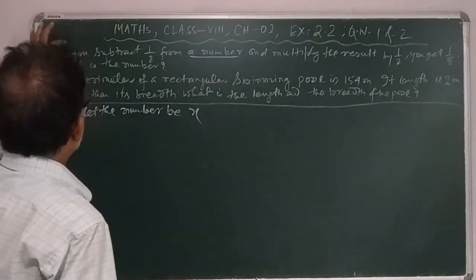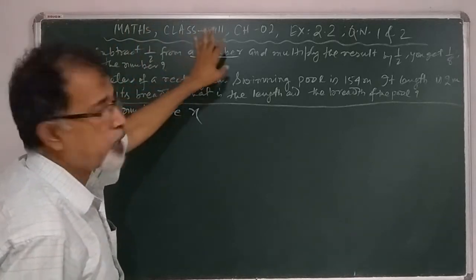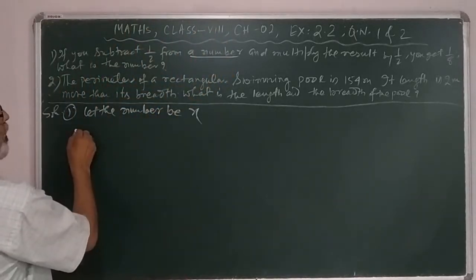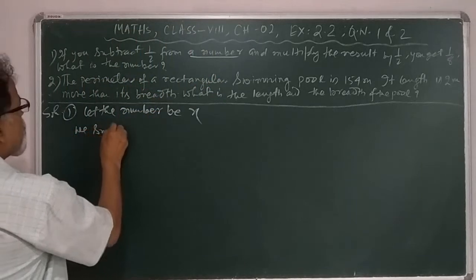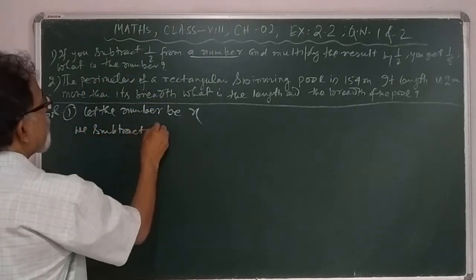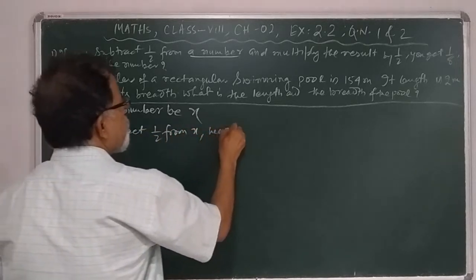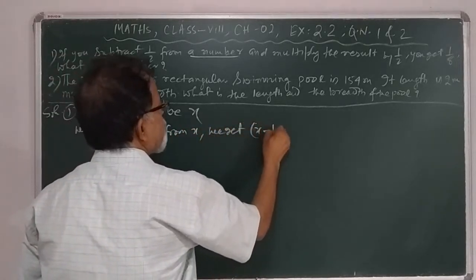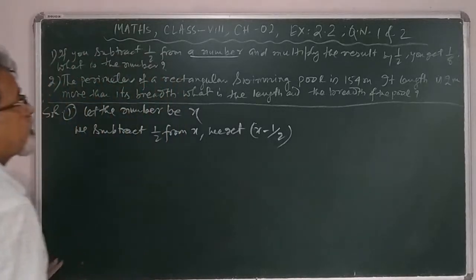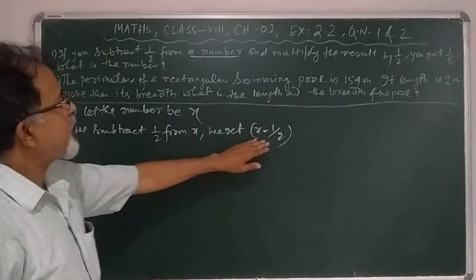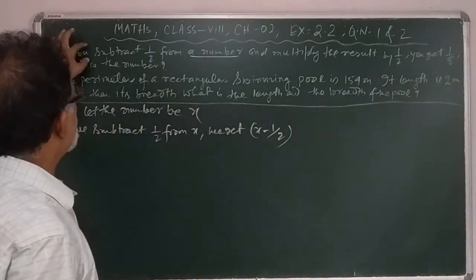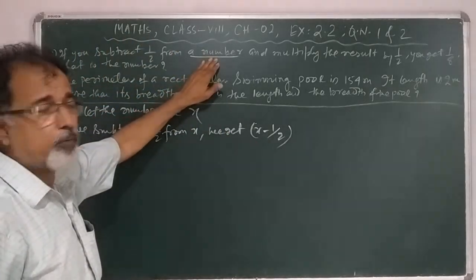Now from first part, if you subtract 1 by 2 from a number, we subtract 1 by 2 from X, we get X minus 1 by 2. X minus 1 by 2, that is if you subtract 1 by 2 from a number.